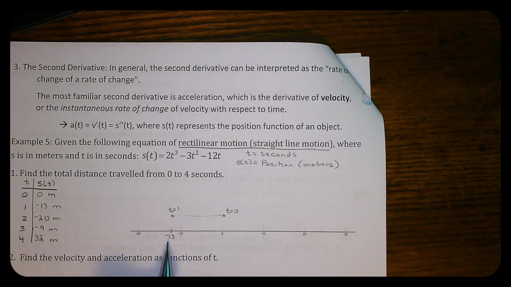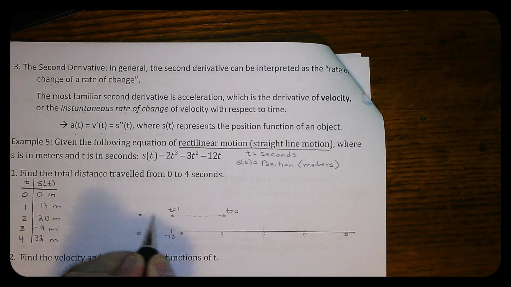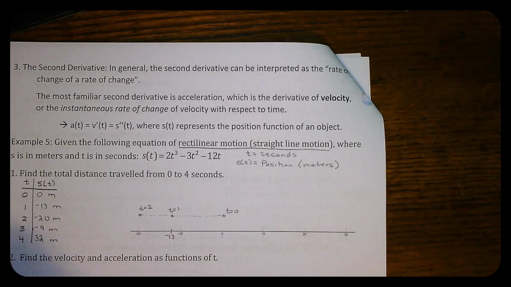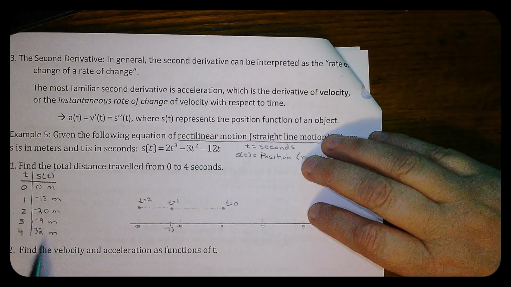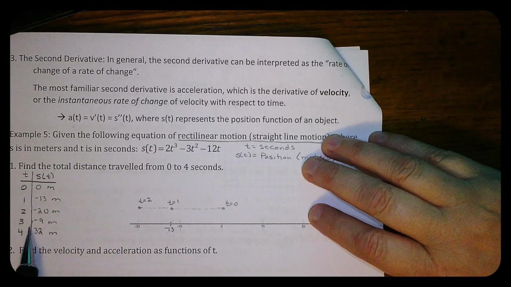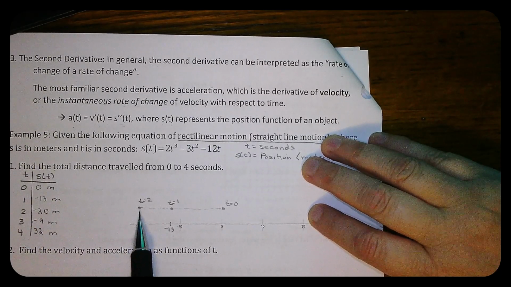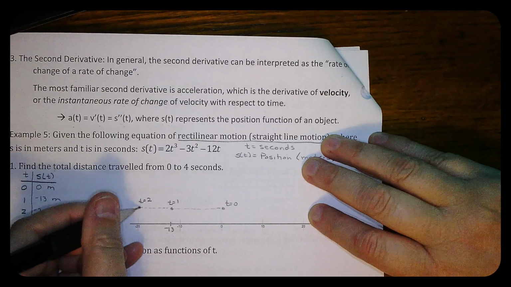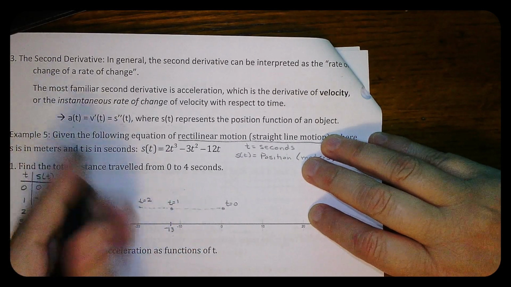Okay, so how can you go a negative distance? Well, in this straight line motion, this negative 13 means you're going left, in the left direction, 13 meters. Okay, and then to plot the point negative 20, you're going to go to negative 20, put a dot, and that is at t equals 2. Okay, now here's something interesting. At 3 seconds, we are going to turn back around to get to negative 9.